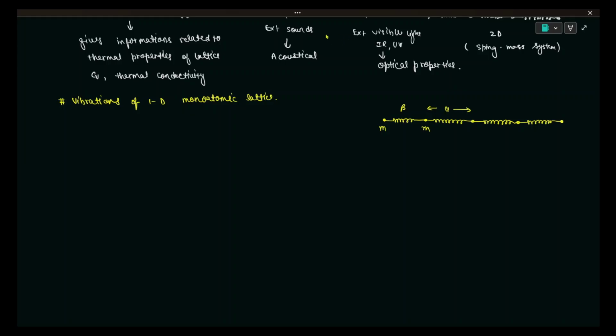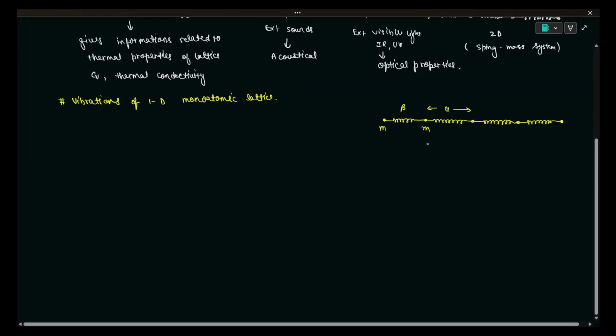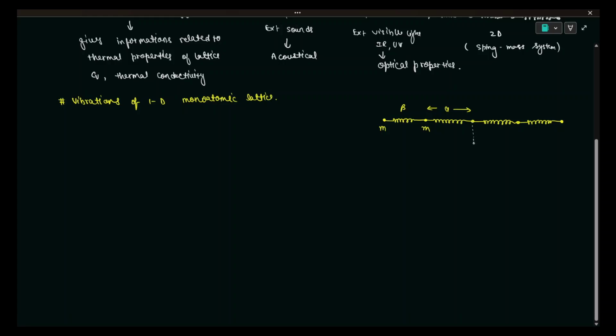So that I can assign the position of each atom with its displacement. Let's say this is xn. The next will be xn plus 1, and this will be xn minus 1, where xn is representing the nth atom.